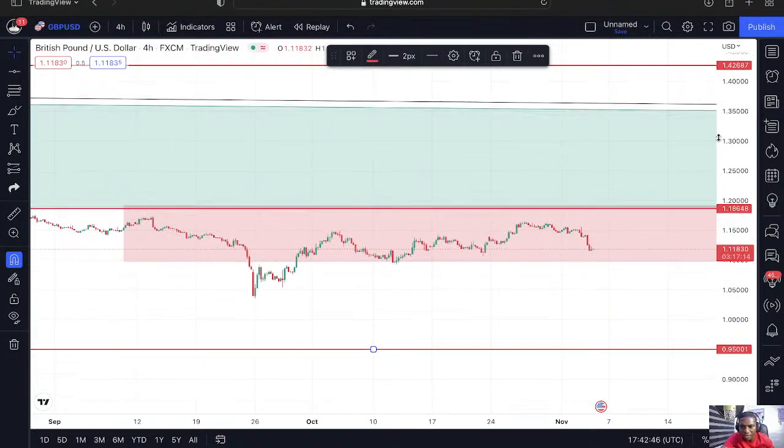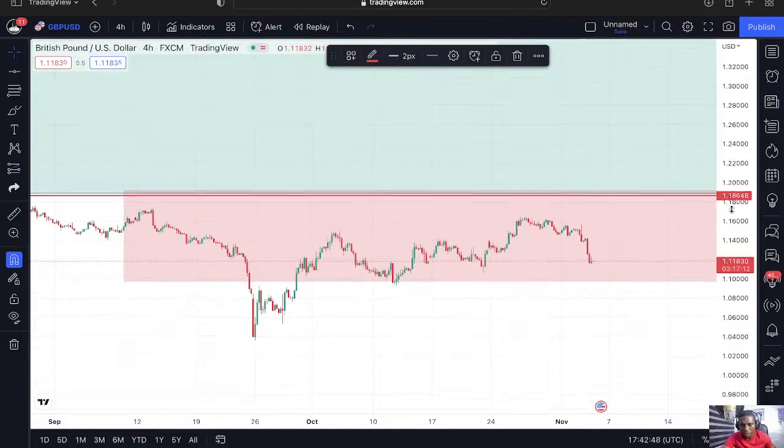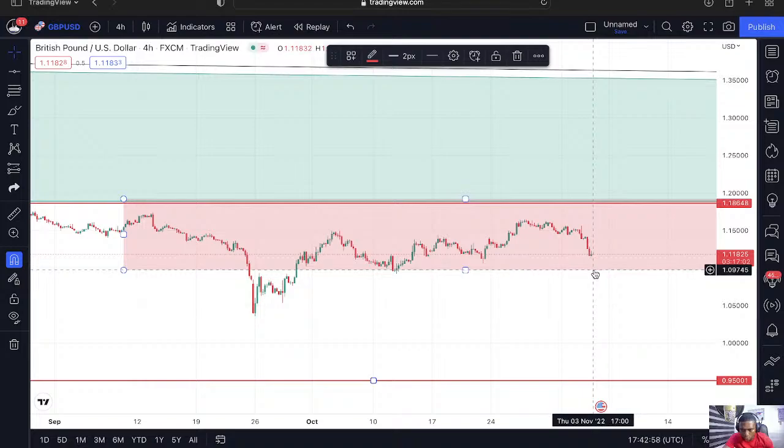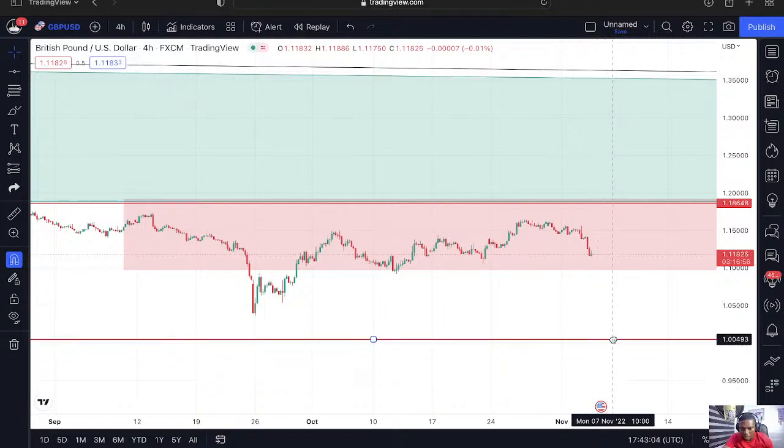If you look at the 4 hours time frame, you can see it's clear. It's a clear sell-off on the 4 hours time frame. So you can even put your take profit level here or here. Okay, either here or here.